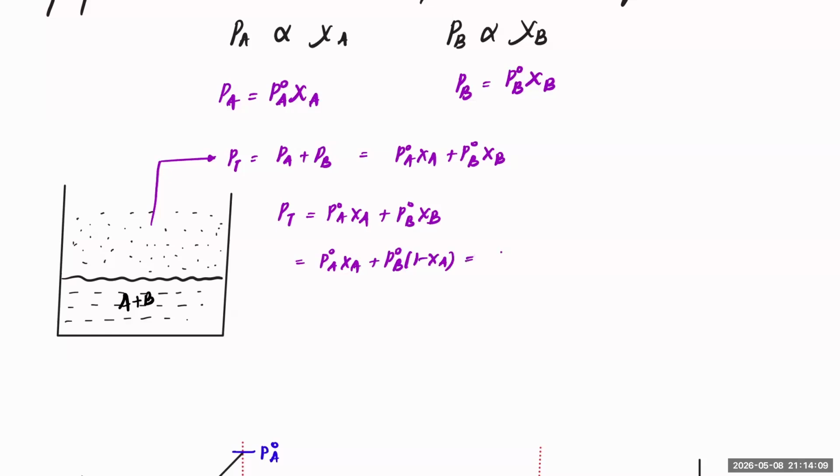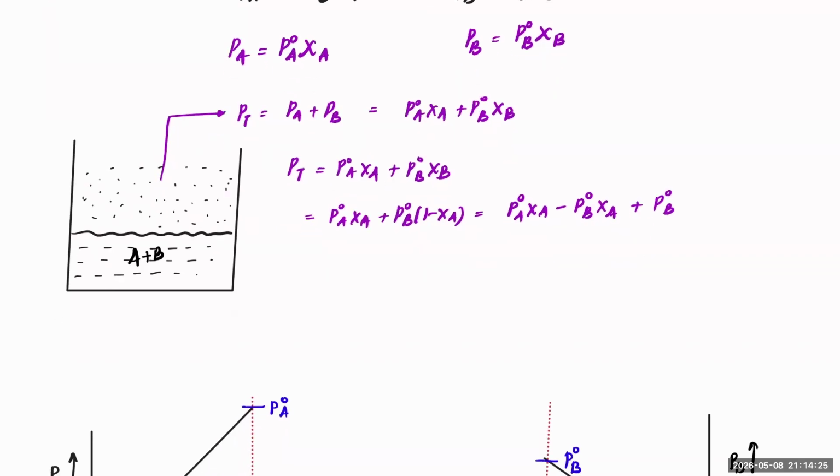If I expand, we'll get P naught A XA minus P naught B XA plus P naught B. Okay, so this is what you will get as total pressure, which is equal to P naught A minus P naught B, into XA, plus P naught B. This is equal to P total.